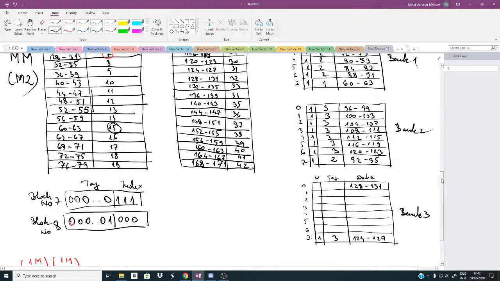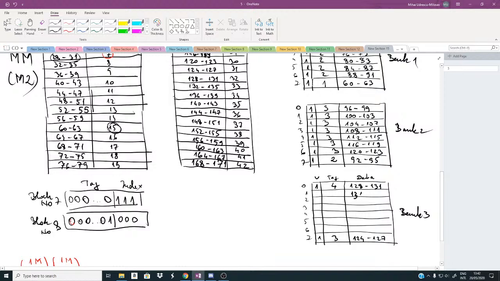This is block 32, divided by 8, so modulo is 0, and this time the tag is 4, and so on.